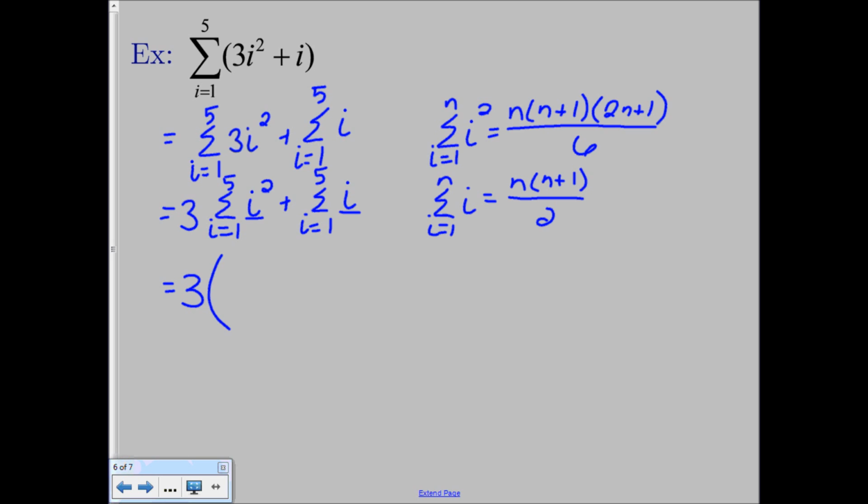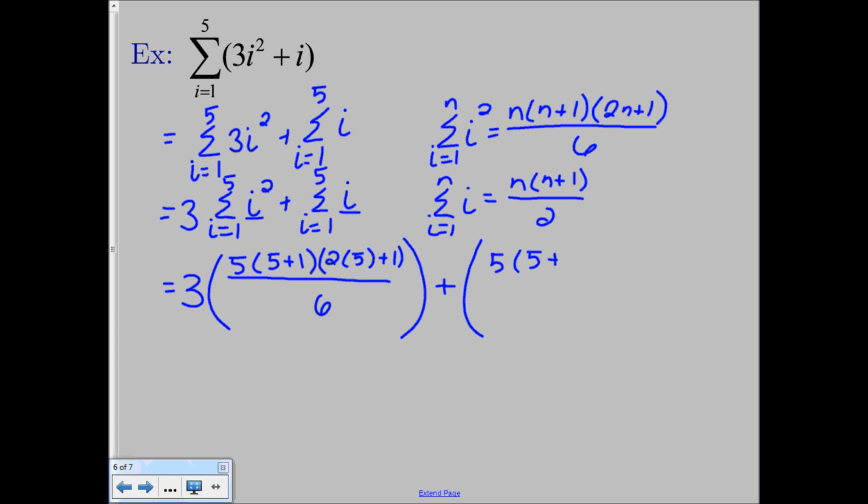So n in this case is 5, so we're going to do 5 times 5 plus 1 times 2 times 5 plus 1 all over 6, plus the formula for i is just going to be 5 times 5 plus 1 all over 2.